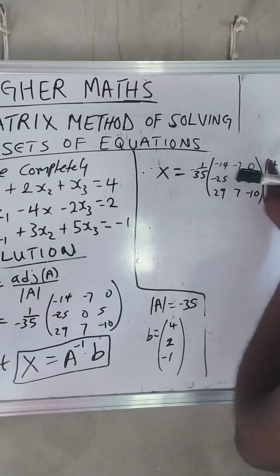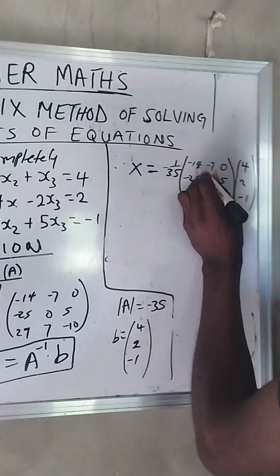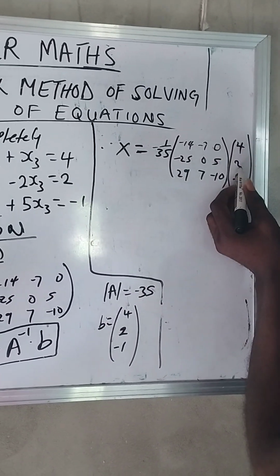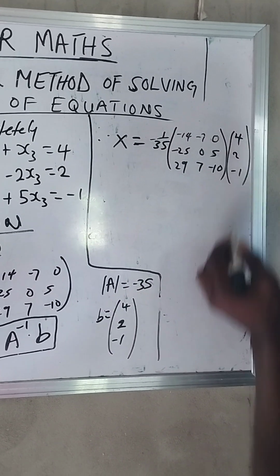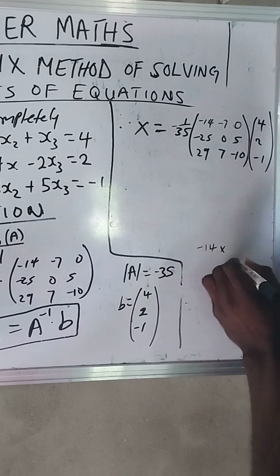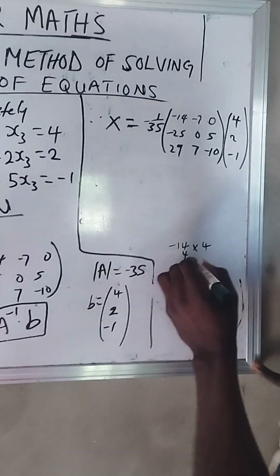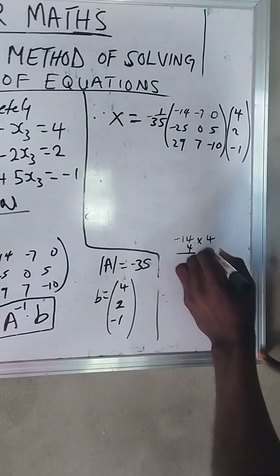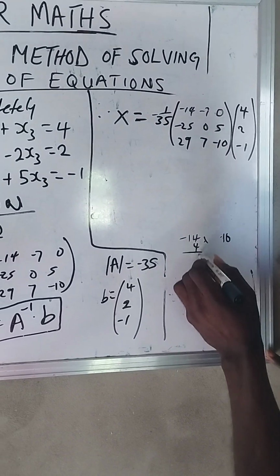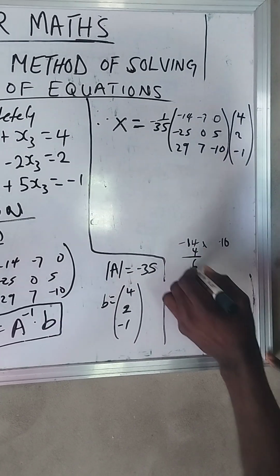So let's do the first one. The first one is minus 14 times 4, minus 7 times 2, 0 times negative 1. So minus 14 times 4 is what? 4 times 4 is 16, write down 6, carry 1. 4 times 1 is 4, plus 1, 5.